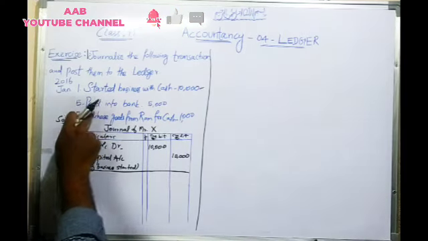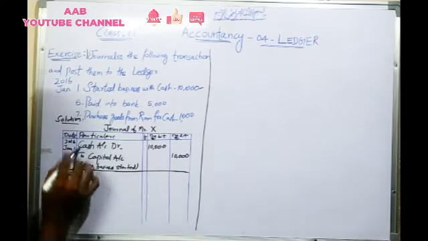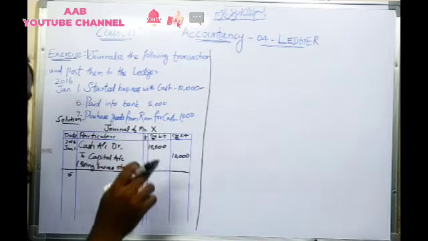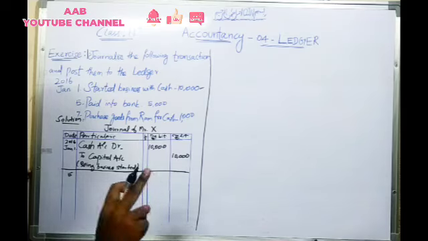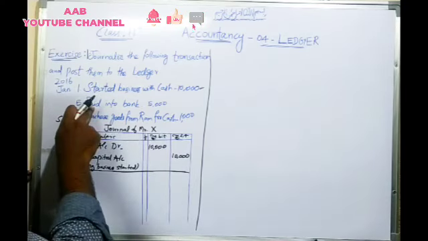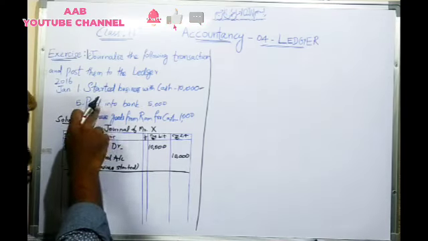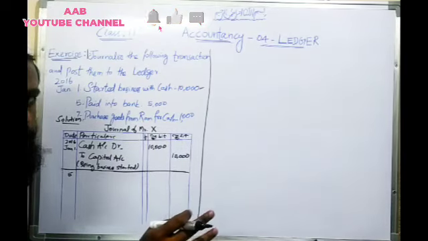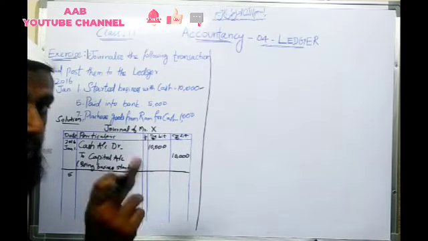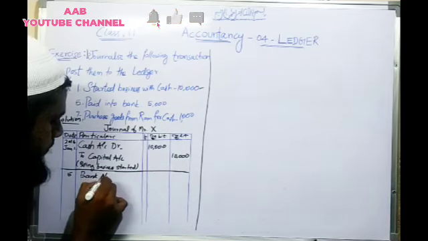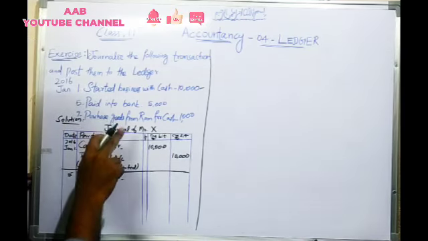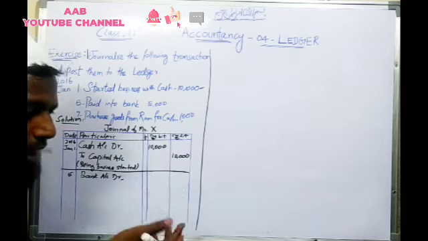The next, date 5, paid into bank. Cash comes in or cash goes out? Cash will go to the bank, so bank comes in. Bank account debit. Cash will go out of our hand.